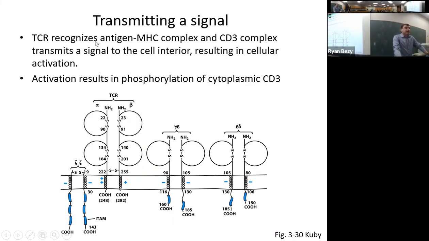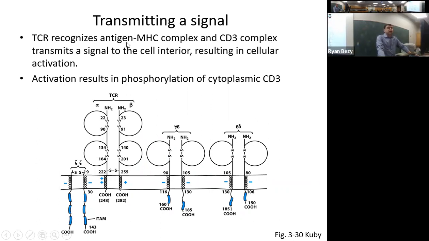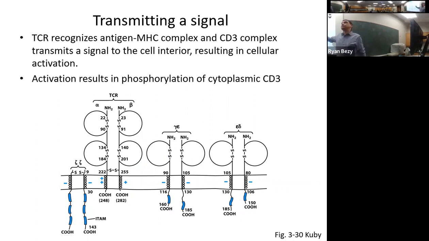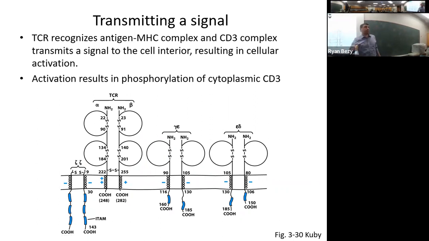So the T cell receptor is going to recognize the antigen MHC complex. And then the CD3 co-receptor will then transmit the activating signal into the T cell itself. And that's going to involve phosphorylation of ITAM domains. I said we're going to come back to this at one point. But you have several ITAM domains on gamma, epsilon, epsilon, delta, and then zeta, zeta, or eta, eta.